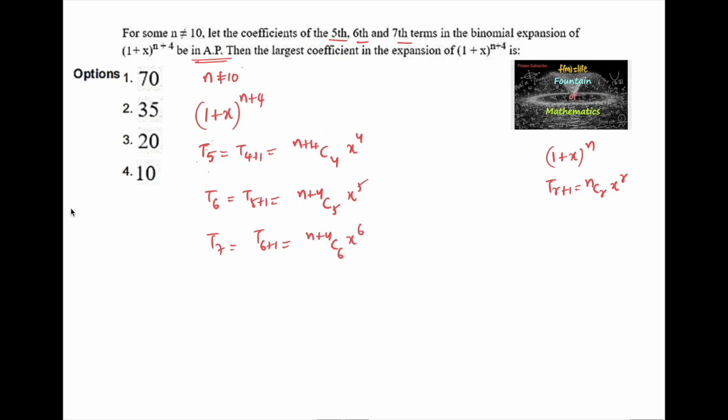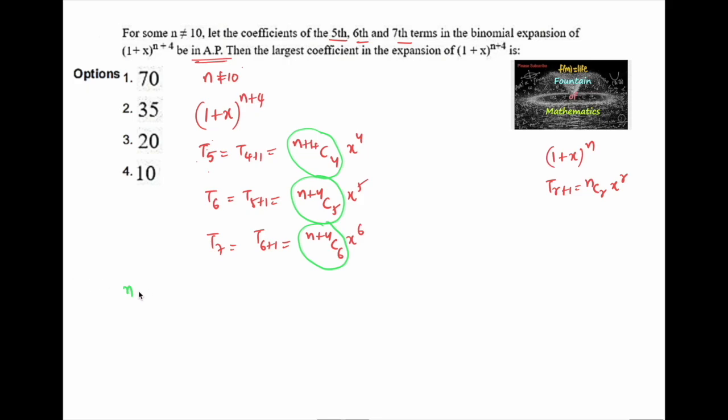Since the coefficients are in arithmetic progression, we can consider these terms n plus 4 C 4, n plus 4 C 5 and n plus 4 C 6. These are the binomial coefficients. They are in arithmetic progression.